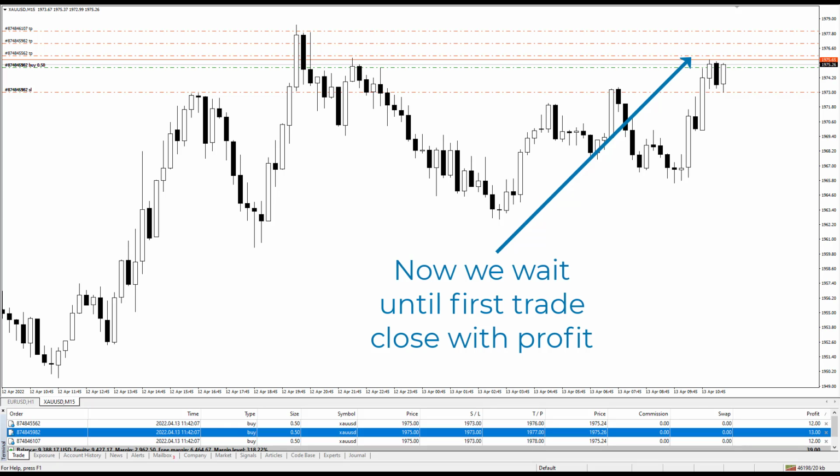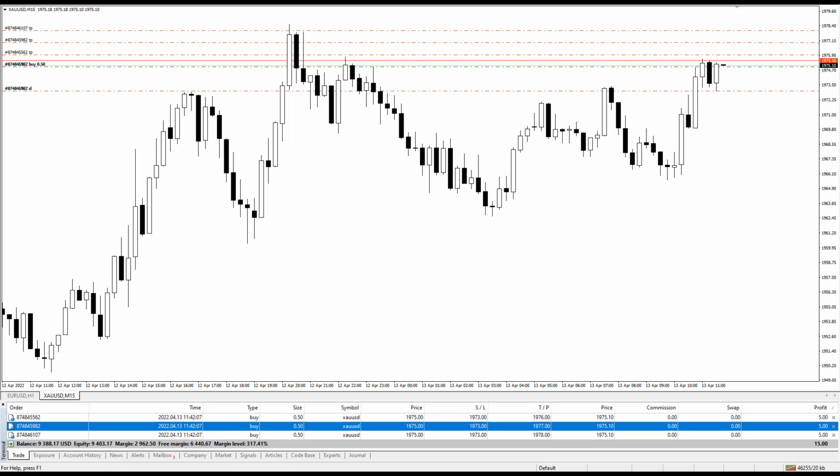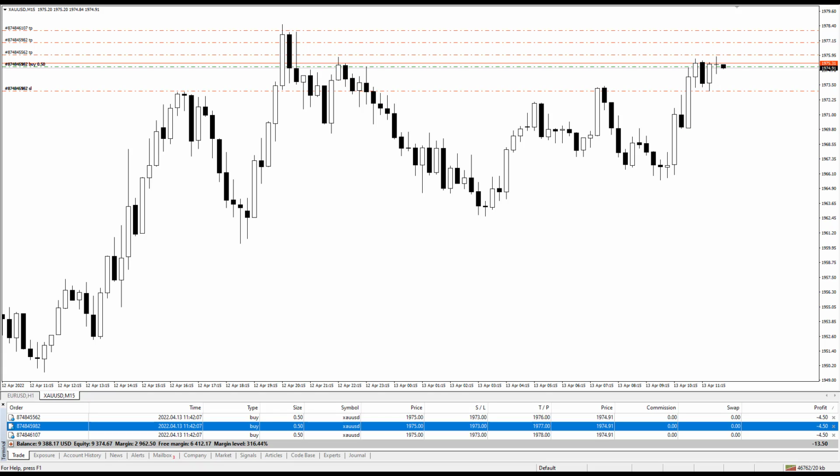Okay, it's moving up a little bit more. Okay, the candle has closed bullish. Now let's wait for the second candle. Okay, it's moving up. Now the second candle has been closed.